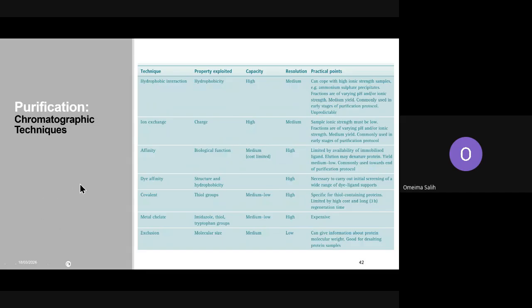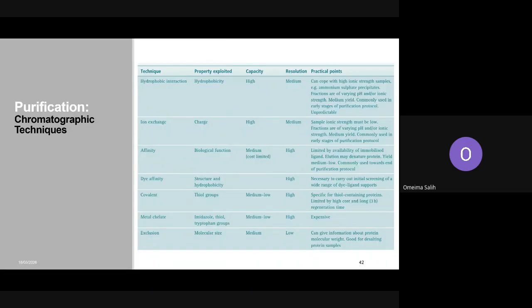The other types of chromatographic techniques, as you can see in this table, are as already explained in the video, the same concept. There is hydrophobic interaction, which tests the hydrophobicity of your protein.